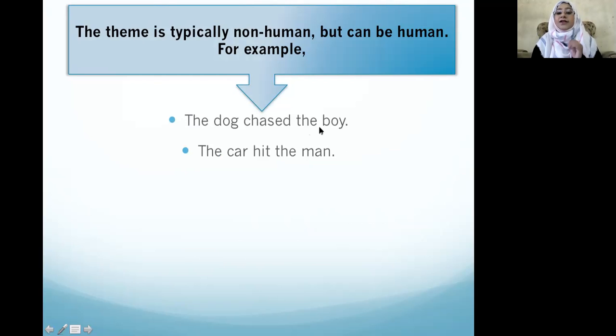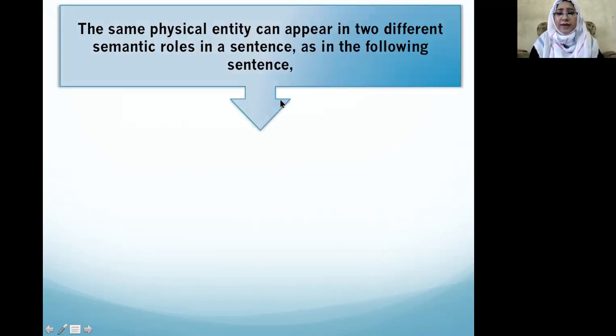The car hit the man. The man is human, but he is affected by the action done by the car. So the car is the agent, but the theme here is the man. So the theme can be either human or non-human, but most of the time it is non-human.